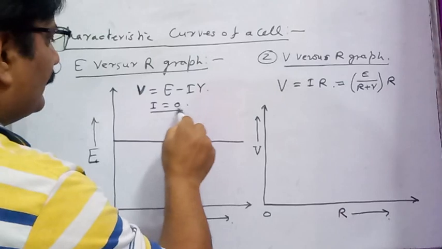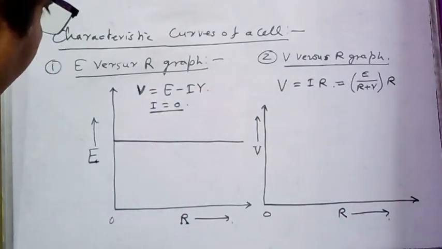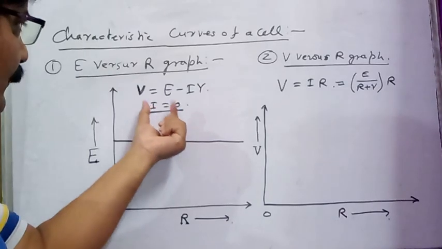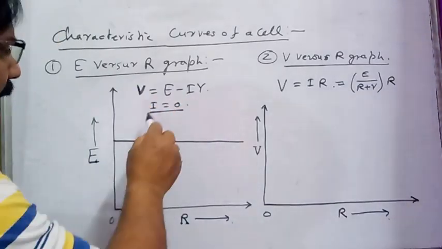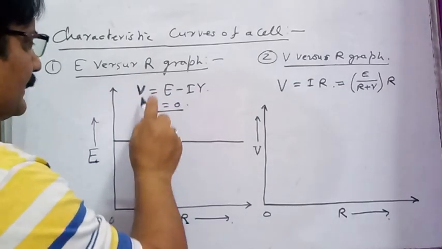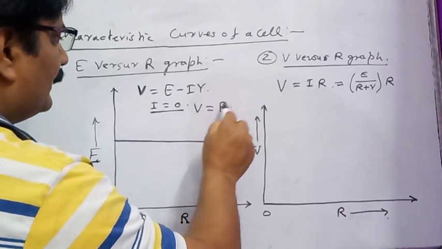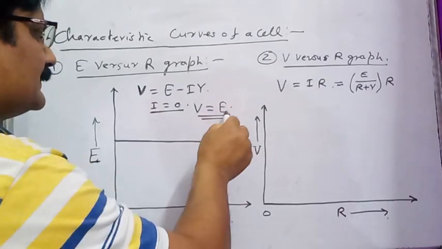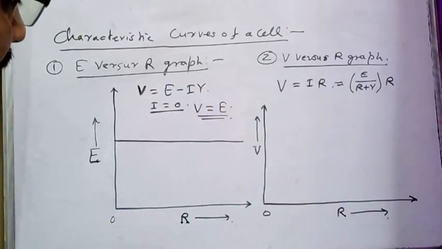EMF of the cell is the potential difference between its terminals or its electrodes when no current is flowing in the external circuit due to that cell. In the absence of electric current, or when electric current is 0, in that condition V is going to be equal to E. It means EMF of the cell remains independent of the external resistance of that circuit.